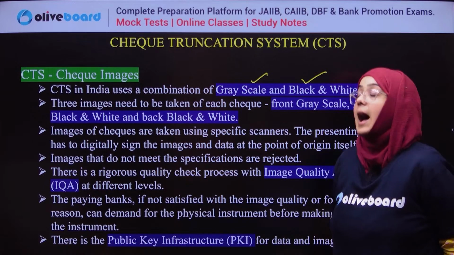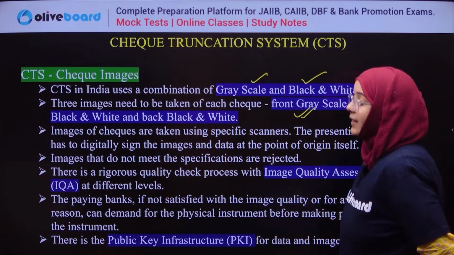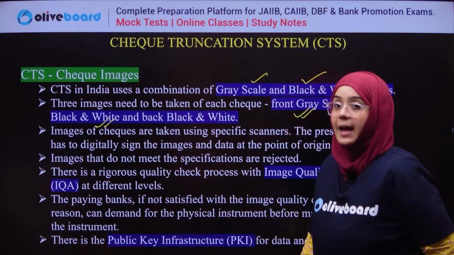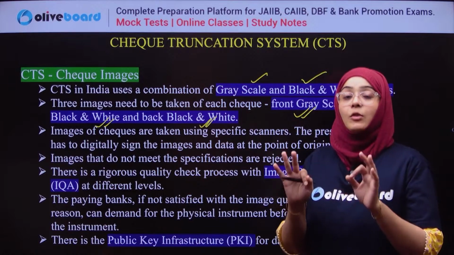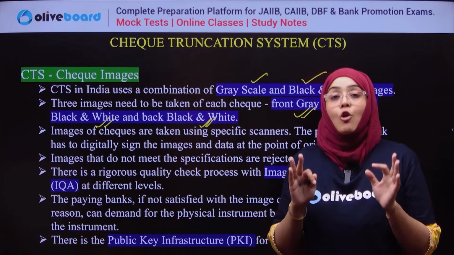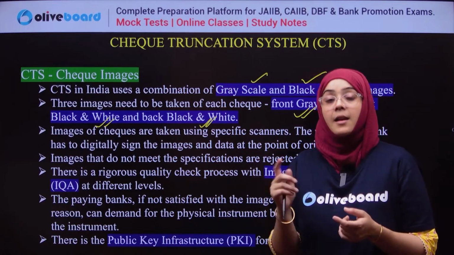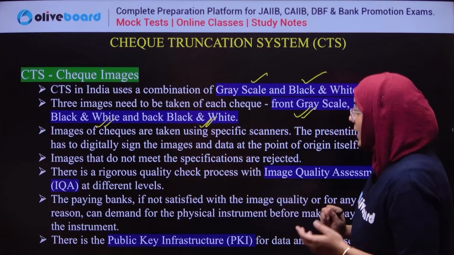Three images need to be taken. The first image is the front grayscale. The second image is the front black and white image, and the third is the back black and white image. So three images are taken for clearing purposes.